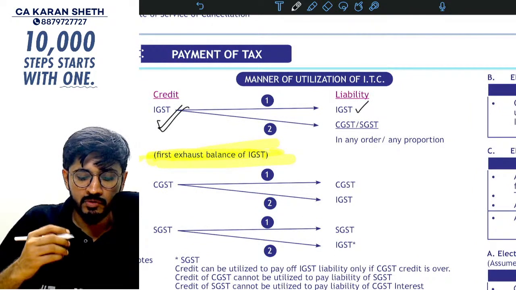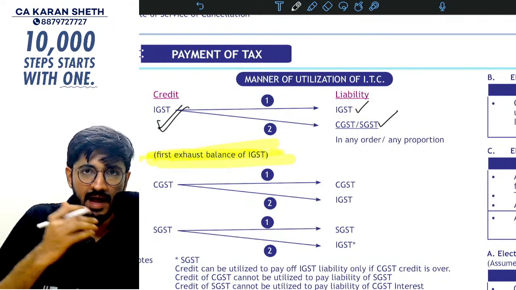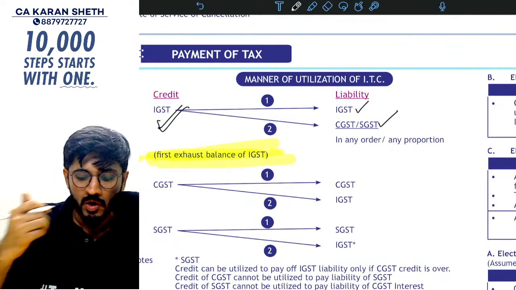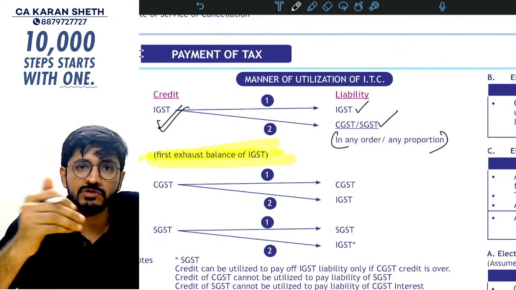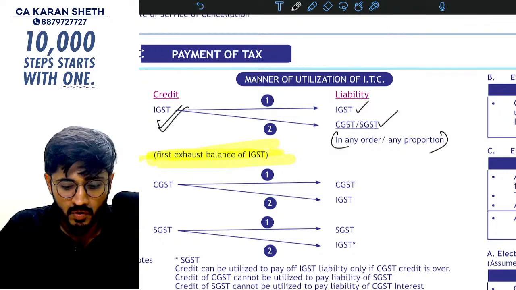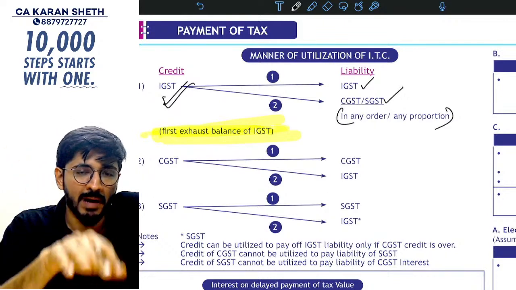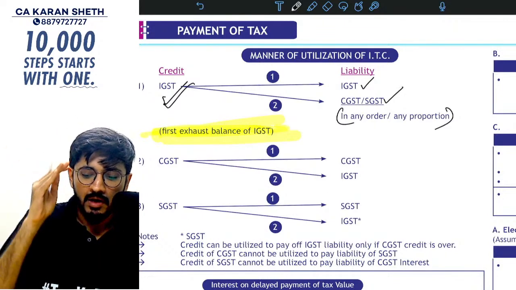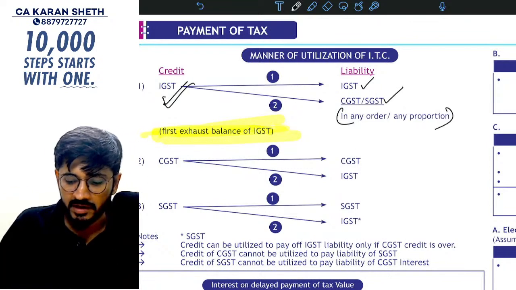And if you still have the remaining balance, you pay off the liability of CGST and SGST in any order and in any proportion. Got it, my dear friends? So IGST credit is first utilized against IGST, then if the balance is still remaining, you pay it off against CGST and SGST liability in any order and in any proportion.